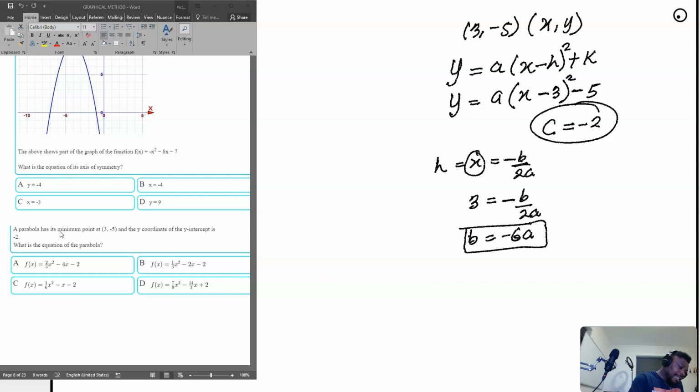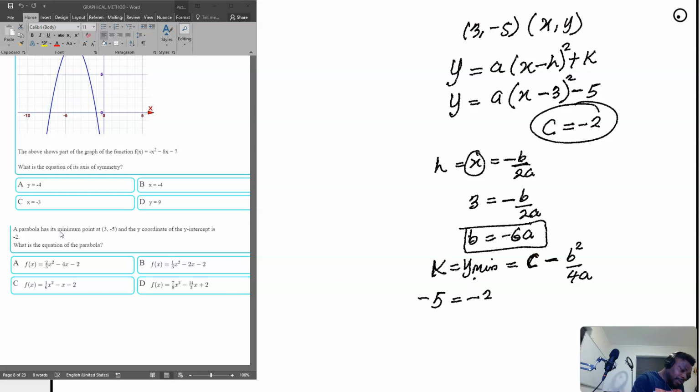Then they told us here that our k, which is y minimum, as you know, is c minus b squared over 4a. So y minimum here is minus 5, which equals c. What is our c?